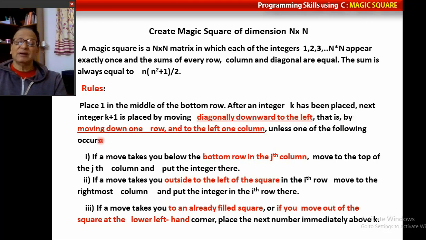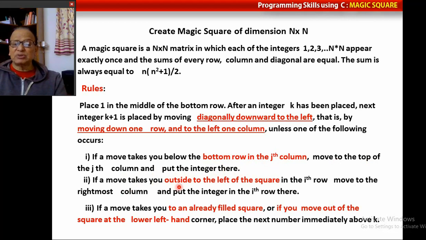Unless one of the following occurs. So what are the other conditions? Therefore, if conditions will come here. If a move takes you below the bottom row in the jth column, as you saw in the case of 2, which went outside the bottom row from the second column, then you take the next number to the jth column and put that integer right on top, that is, the first row.